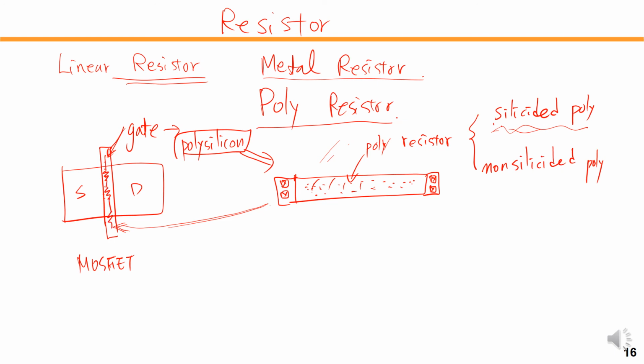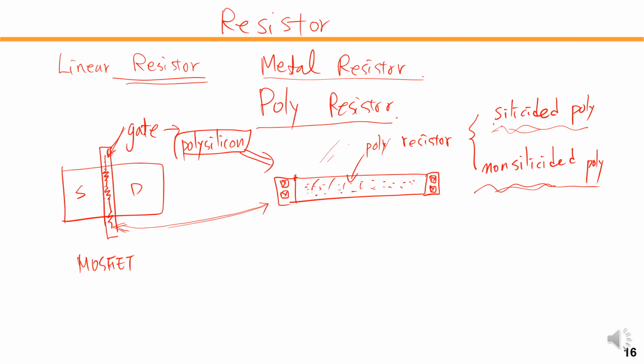If you want a larger resistor value, then we use non-silicided poly, which does not add too much doping onto the polysilicon, and that creates a large resistor. So there are two different kinds of poly in the process that give us the resistor implementation. These are the most widely used resistors.